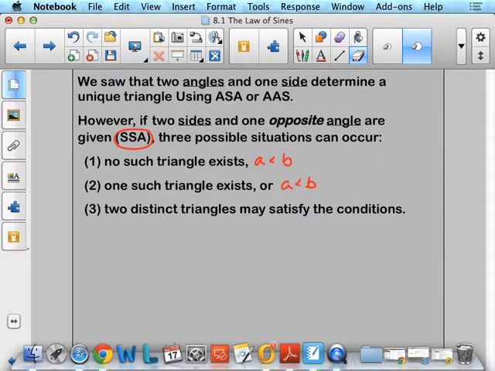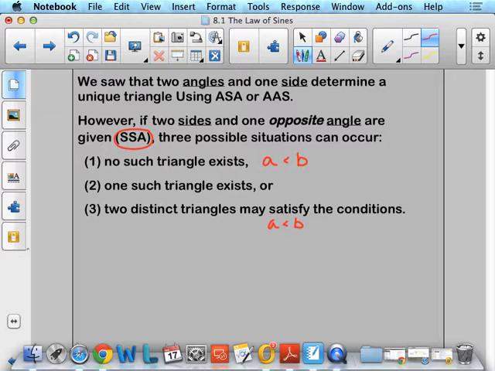All right, we're starting this slide over. Okay, so it's still SSA. If there is no triangle, side A is less than side B. If you skip down to the third one, the two distinct triangles, side A is also less than side B. Okay, so you'll see the difference.